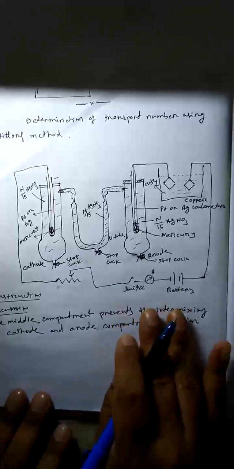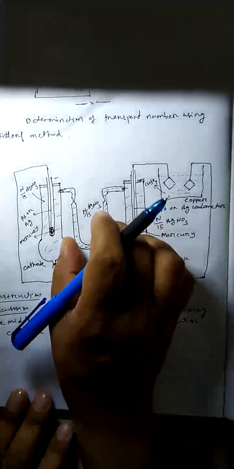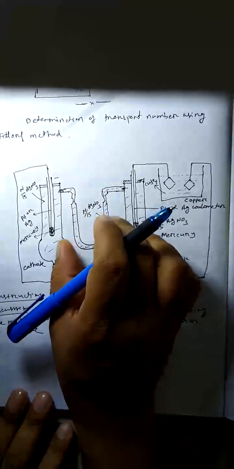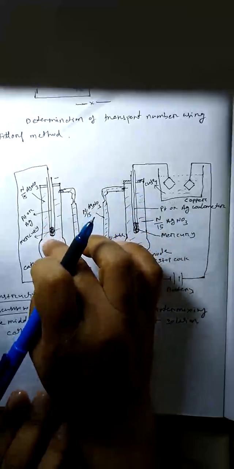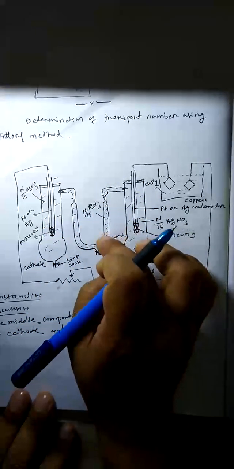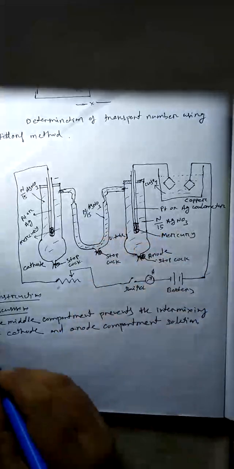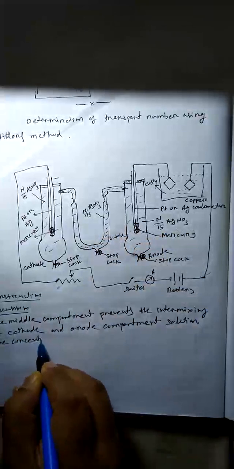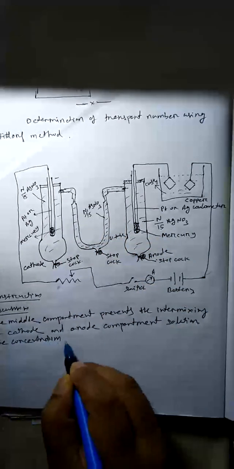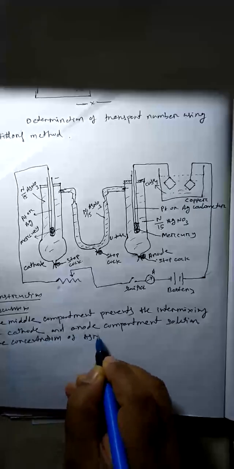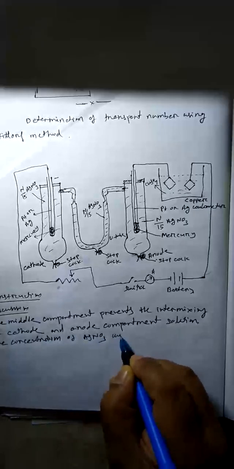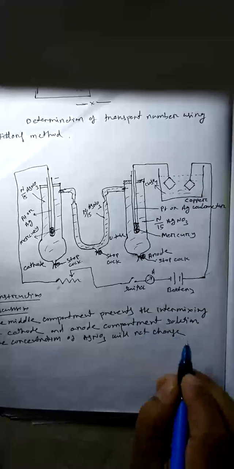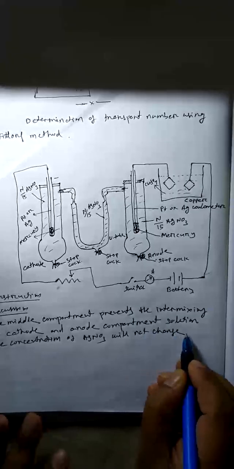In these cases, you have to write the properties of the U tube. This U tube, by the middle compartment, prevents the intermixing of cathode and anode solutions. You can also write that the concentration of silver nitrate will not change or remain constant during electrolysis.